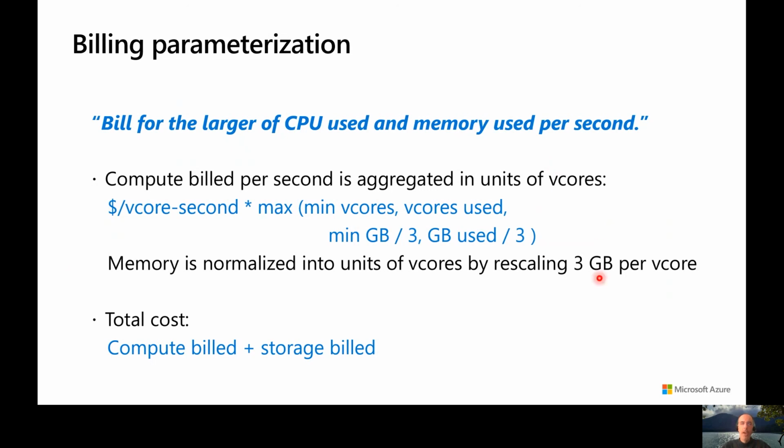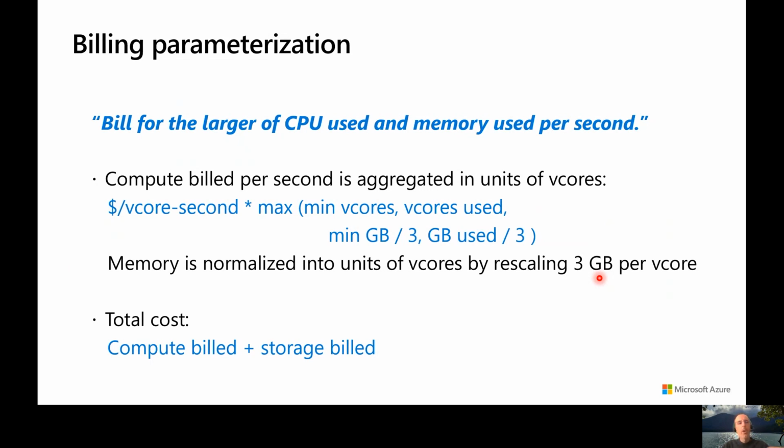So for example, if at 1 second in time, the database is using one core and let's say 6 gigs, then we'll take that 6 gigs of memory consumption divided by 3 gigs per core. That translates into 2 cores based on memory usage.